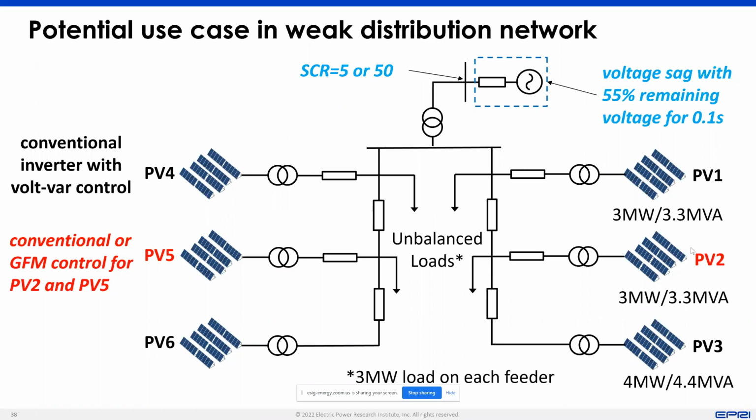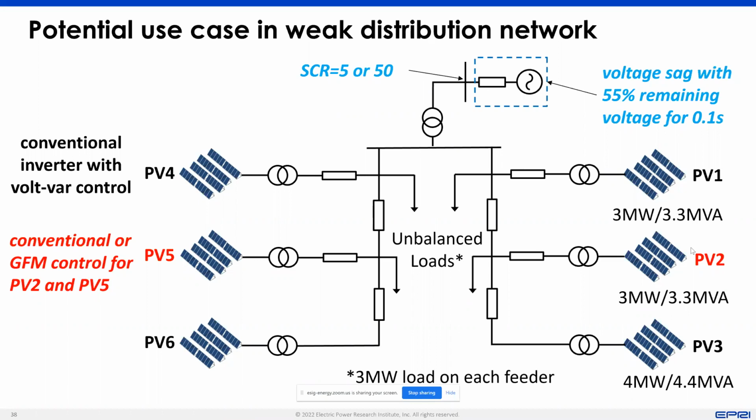In future, what could happen is if this distribution feeder or substation is connected to a weak transmission area, then the distribution feeder can get even weaker compared to the transmission, given that there are larger amounts of inverter-based resources connected on those feeders. As we can see, these 2 feeders are identical. On each of them, we have 3 utility scale PV plants.